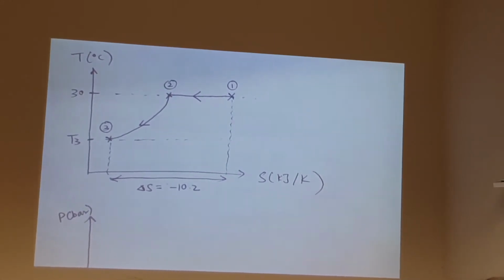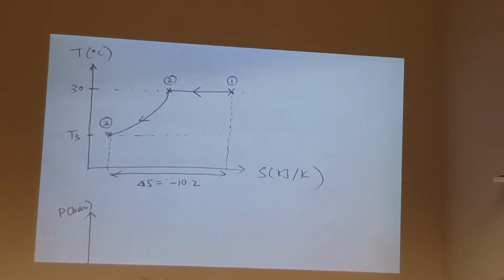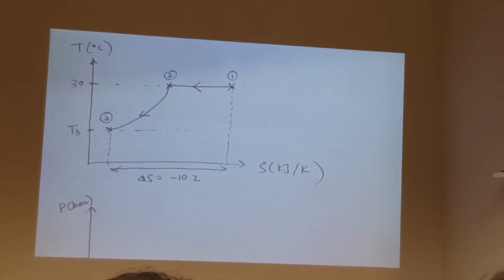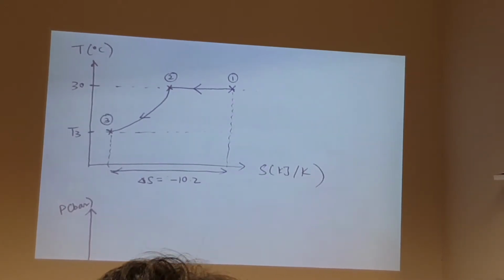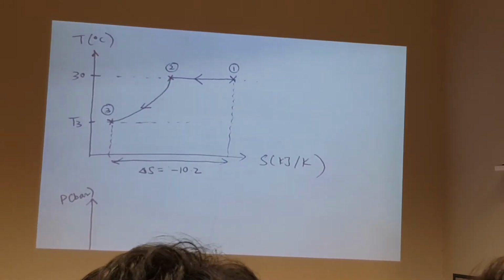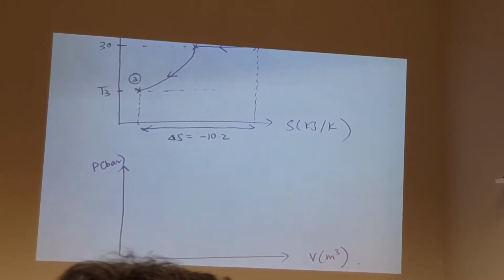So after the TS diagram, the last thing we need to do is to draw our PV diagram. Okay, so PV diagram is actually easier because you have all three pressure. You have the pressure at state 1, 2, and 3. All three pressure you have. So we start with the pressure first.